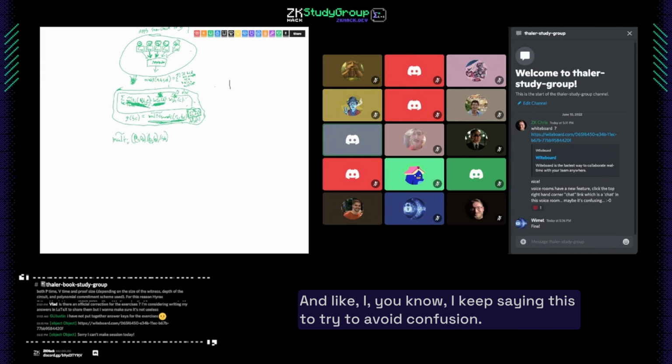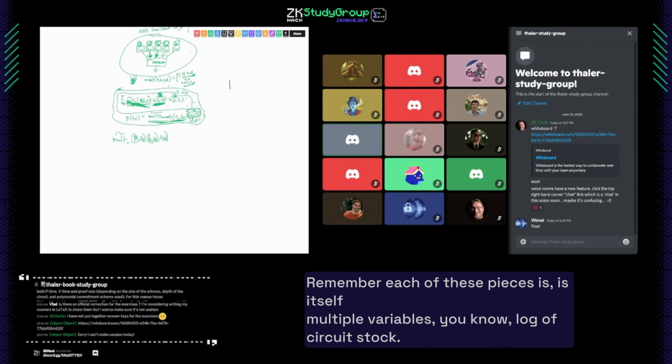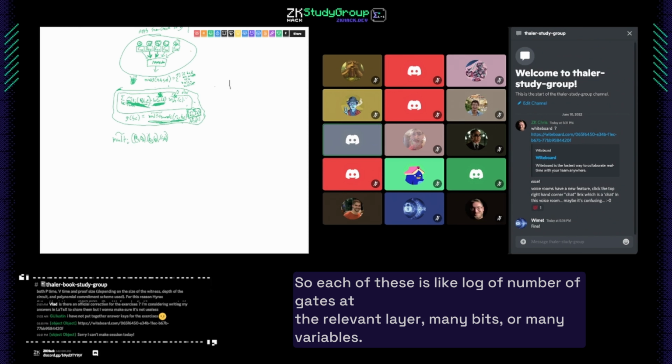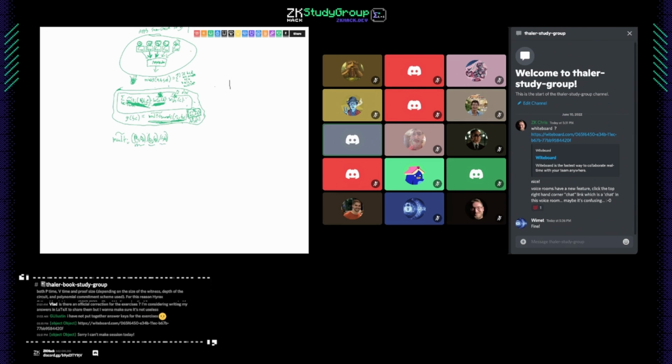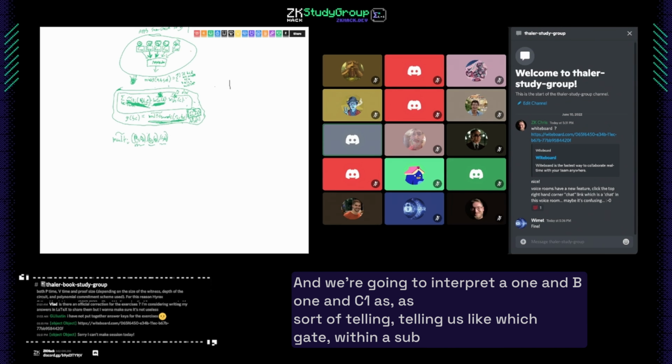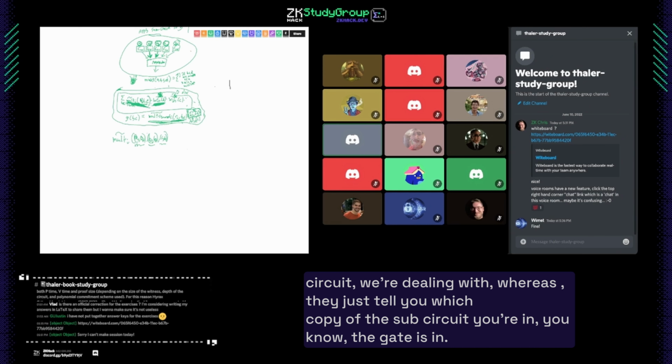And I keep saying this to try to avoid confusion: remember, each of these pieces is itself multiple variables, log of the number of gates at the relevant layer, many bits or many variables. Okay, and we're going to interpret A1, B1, and C1 as telling us which gate within a subcircuit we're dealing with, whereas A2, B2, C2 just tell you which copy of the subcircuit you're in.